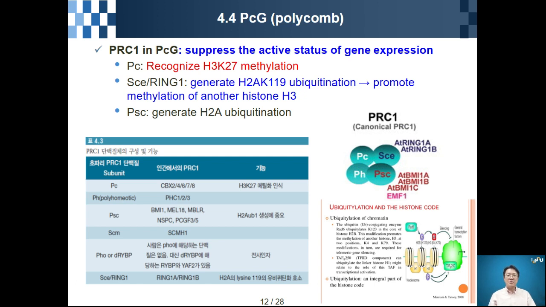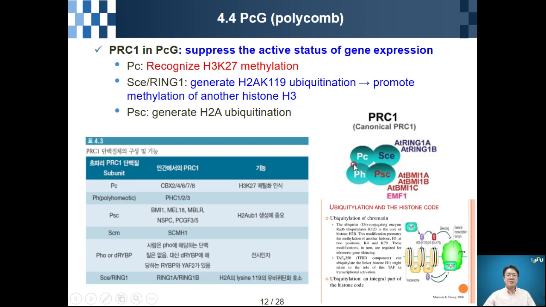PRC1 is composed of PC, SCE, PSC, and also PH. Table 4.3 summarizes each component of the PRC1 complex subunit. Let's briefly see each protein's function.